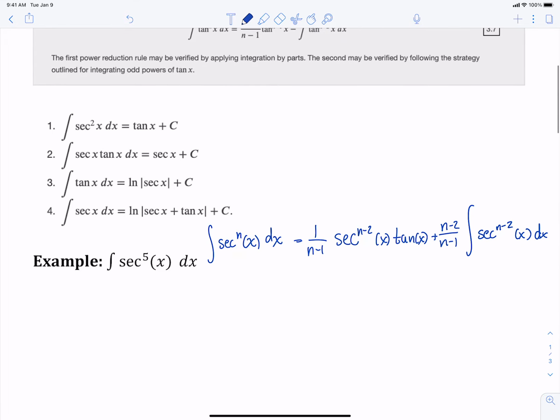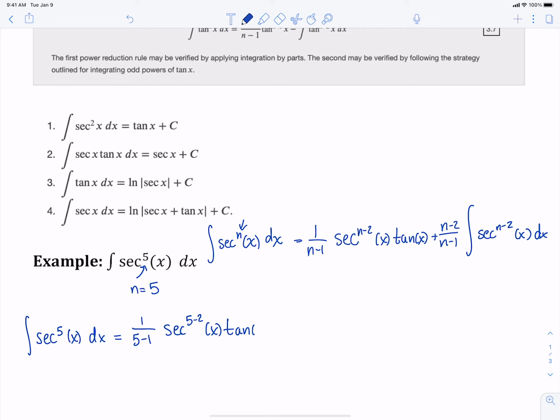Okay, so we got secant to the fifth, so that tells us that our n is 5, because n is our exponent on secant or tangent, whatever it is that we're doing. So n is 5, so the integral of secant to the fifth of x is going to be 1 over 5 minus 1, secant to the 5 minus 2, then times tangent, plus 5 minus 2 over 5 minus 1, and then the integral of secant to the 5 minus 2.